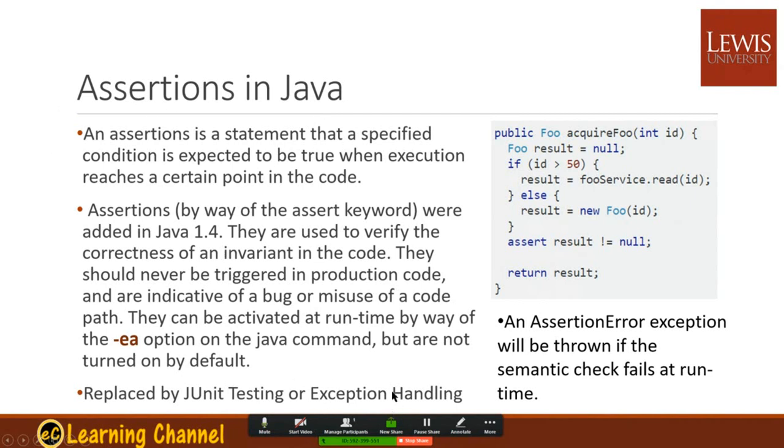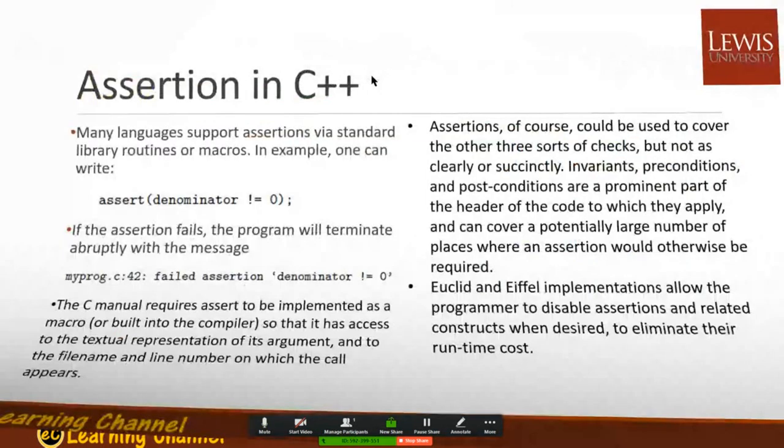These two different testing techniques are actually used to replace the assertion. So assertion is a way to provide the holding of your program at runtime, but now it's replaced by unit testing and exception handling routines.